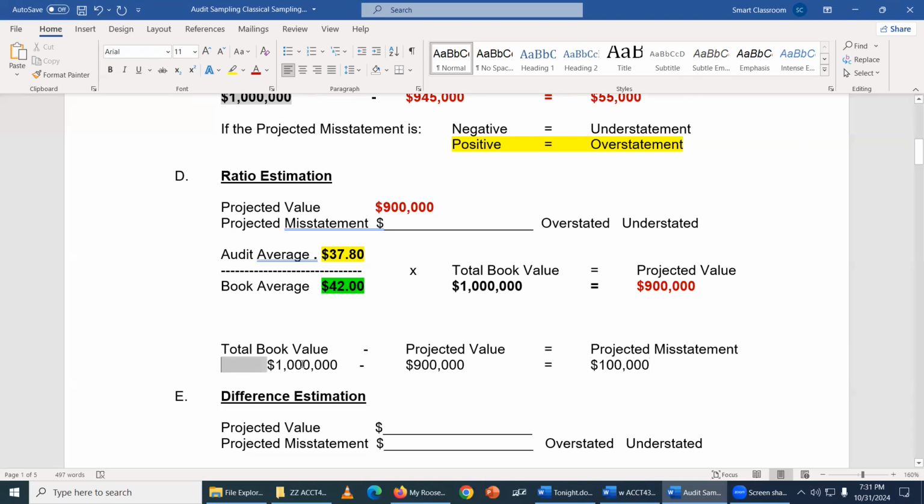Let me highlight all this. So we're saying the projected misstatement is 100,000. The projected value is a million, the projected misstatement is 100,000. Overstatement or understatement? Overstatement. We're saying that they're overstating it by 100,000.